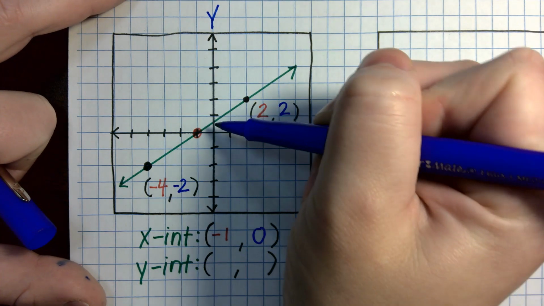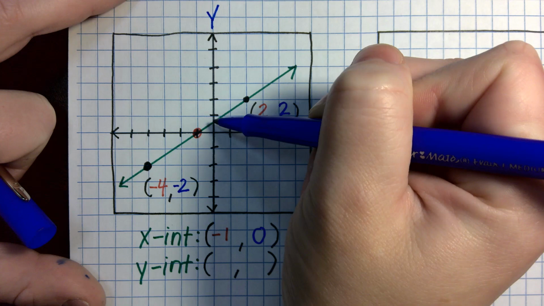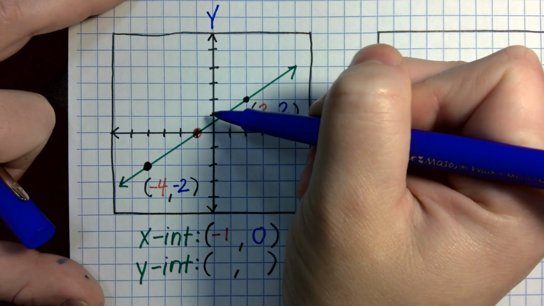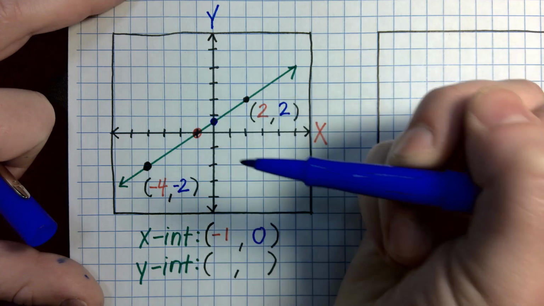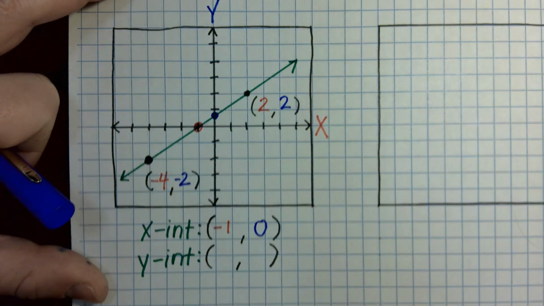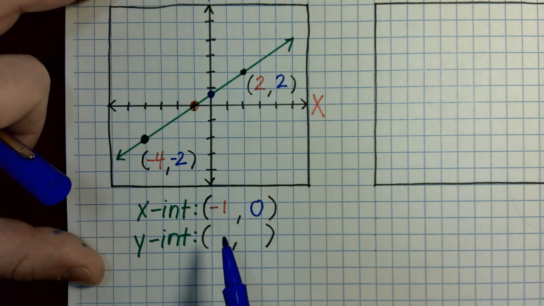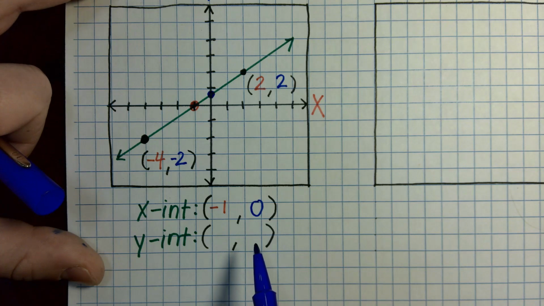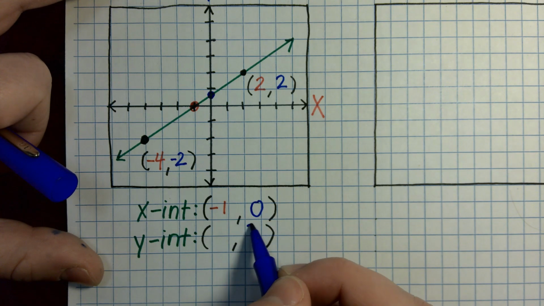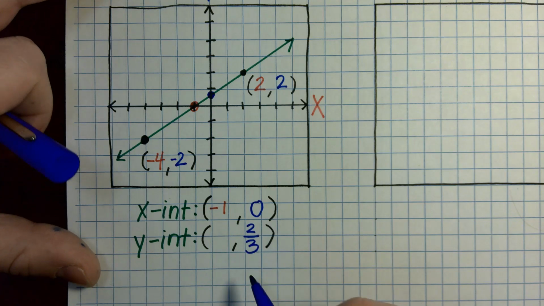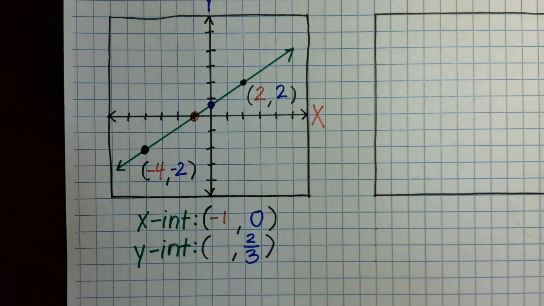Yes, thank you, Jenny. So it's a little above 0, but a tiny bit below 1. So that's probably about 2/3. 2/3, we happy with that? And do we put that in the x value spot or the y value spot? Y value, good. So I'm going to put 2/3. Whenever we're just doing it visually, these are estimates, so I'm not going to be a stickler.